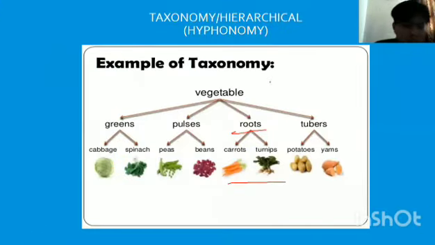The next material is taxonomy hierarchical, or we can call hyponymy. Hyponymy is the state or phenomenon that shows the relationship between a more general term and the more specific instance of it. So hyponymy is a term that denotes a subcategory of a more general class.